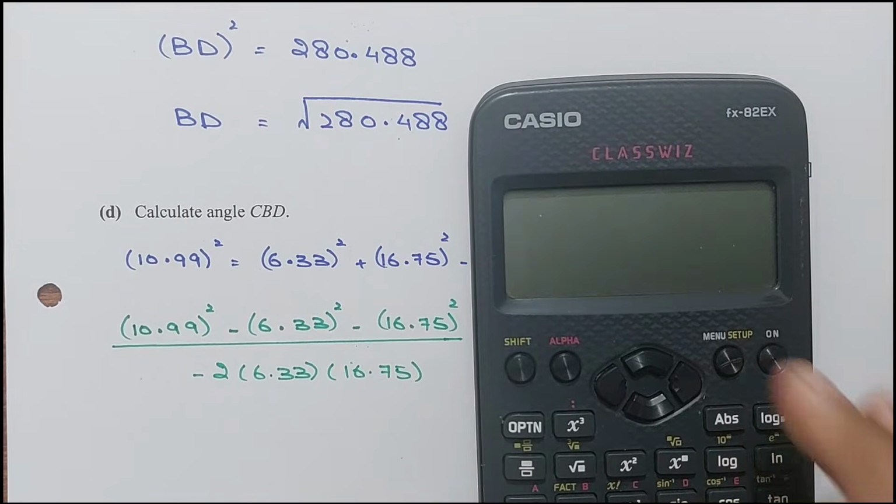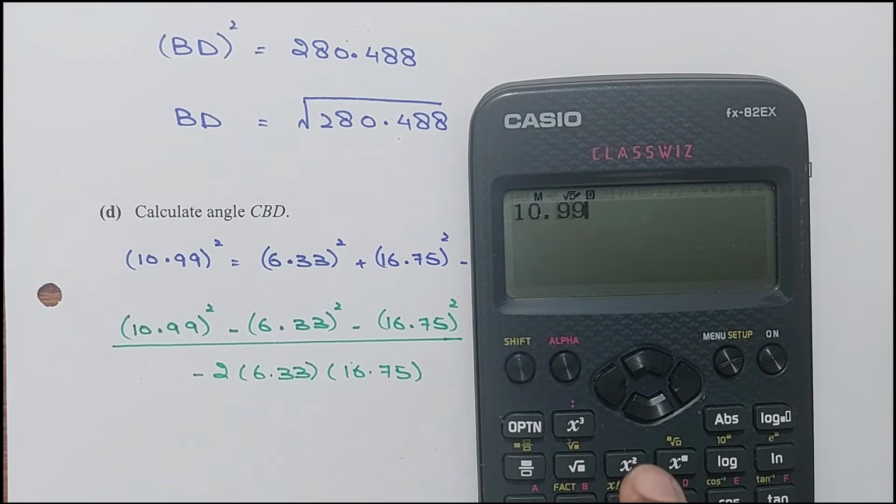Okay, 10.99 square minus 6.33 square minus 16.75 square, okay, divided by minus 2 times 6.33 times 16.75, 0.9424.